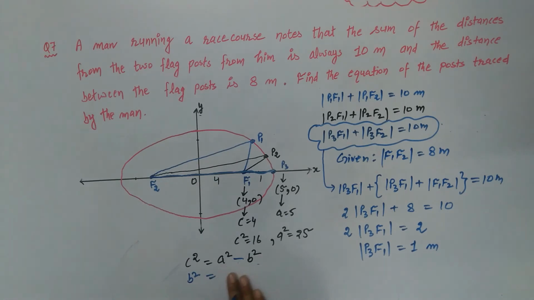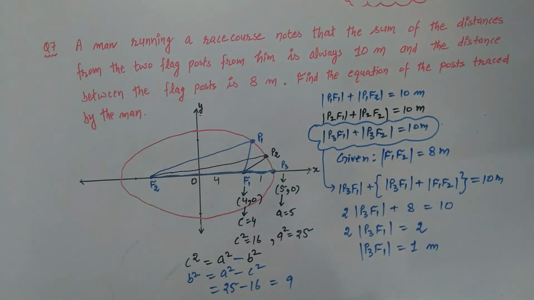So what we say, b square is equal to a square minus c square. So this becomes 25 minus 16, which is equal to 9, right?